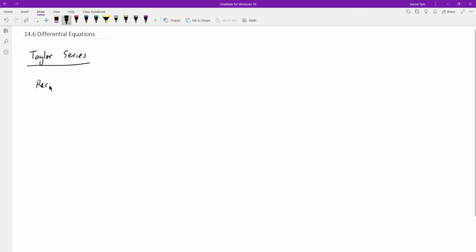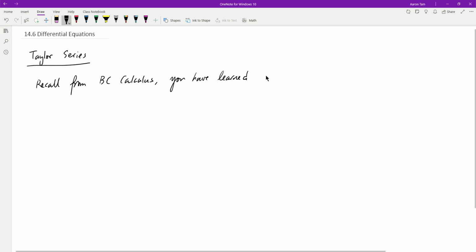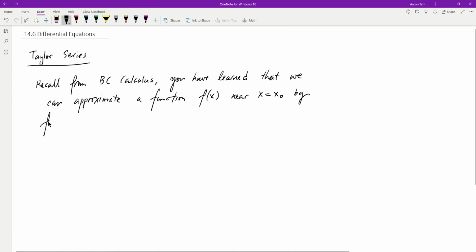So we recall from BC Calculus, you have learned that we can actually approximate a function f of x near a center point, let's say x equal to x sub 0, by forming a Taylor series.